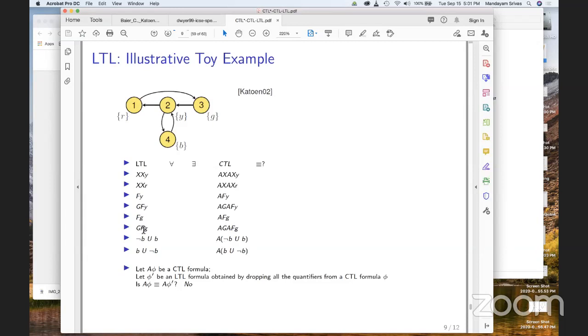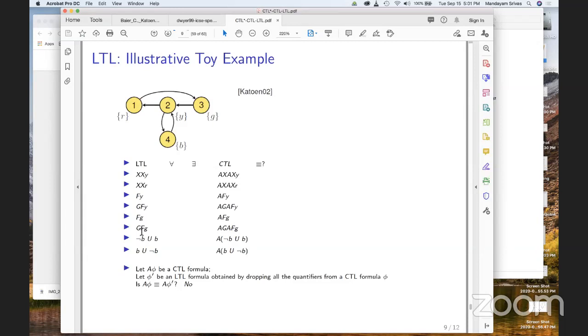As I told you, we will see next time that when you have f of g, that's a special kind of very important property. When you have f of g something, it says that eventually you will get to a point where g persistently holds, that g holds forever. That is called a persistence property: eventually, on a path, you get to a point where g holds continuously.